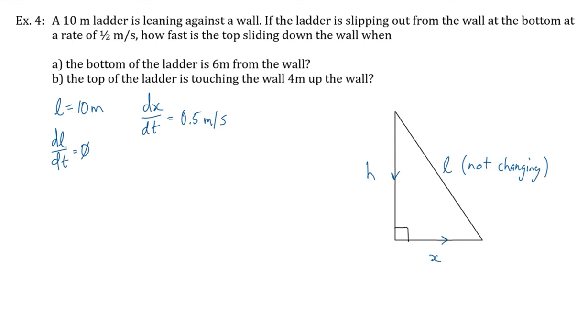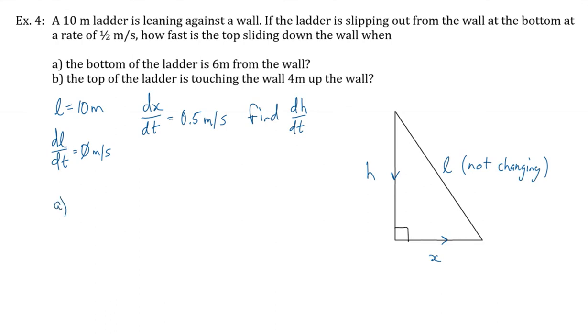It's 0. You don't have to state this necessarily, but I'm going to show two slightly different ways of doing this question, and for one of them you would need to have that value of 0. In both cases, since we're finding the same thing, I'm going to list that. We are always finding dh by dt. Okay, and so those values are going to be the same for each question.